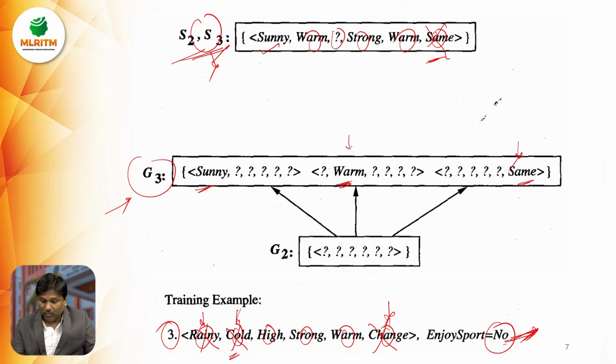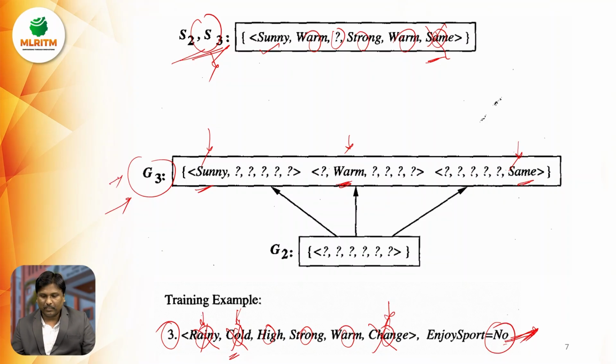So we just note down these three values which differed or altered from the previous training example to the present training example. Okay, so here these three attributes are changed. By using those three, the remaining are all noted as accepted values. I can note down this final G3 value.